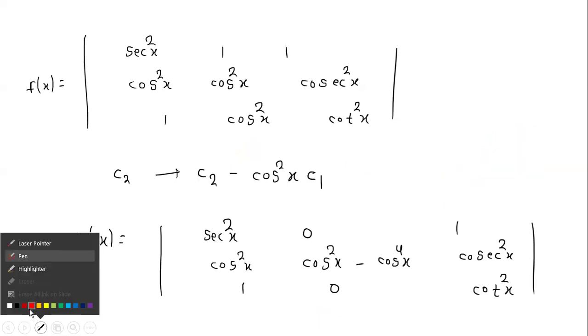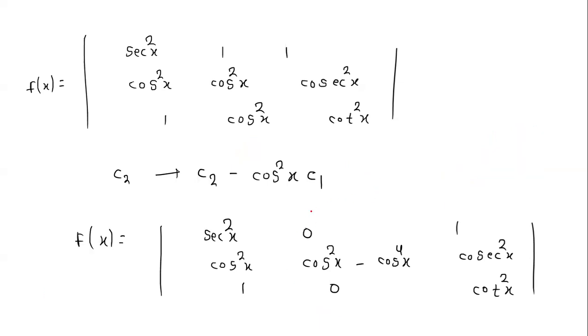Now what you can do is expand this determinant along this C2 column. If you see, this is positive sign, this is negative sign, this is positive, negative, positive, negative, positive, negative, positive. These two elements are 0, so we only need to consider this element.